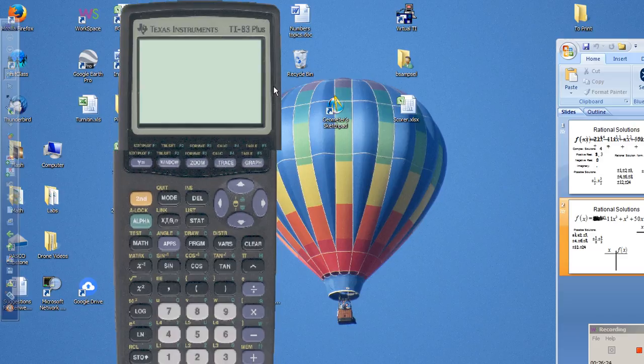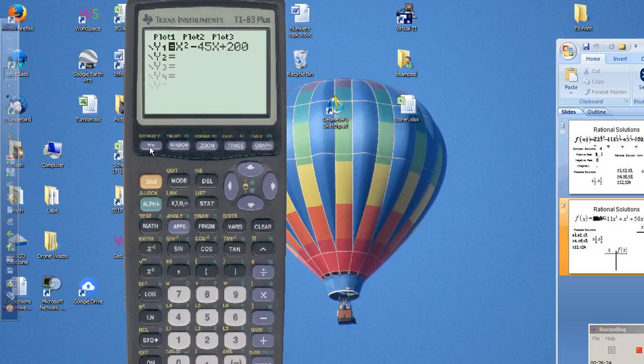So, put your equation in for y. So let's see, we had x to the 6 minus 11 x to the 4. That's right.